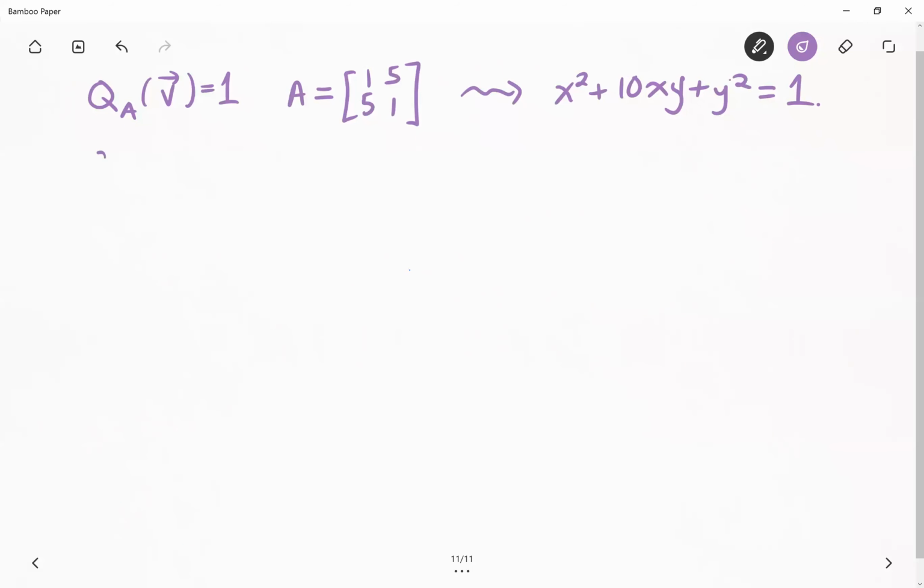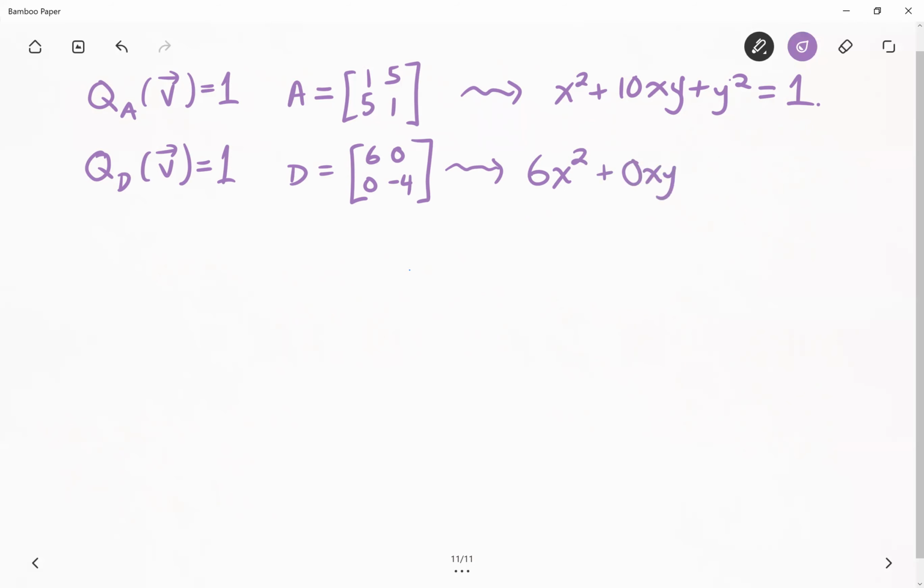Now we also have another quadratic form we can consider, Q sub D of V. And D is the diagonal matrix 6, 0, 0, negative 4. Now if we were to expand this out, we would end up with 6x squared plus 0xy minus 4y squared is equal to 1.